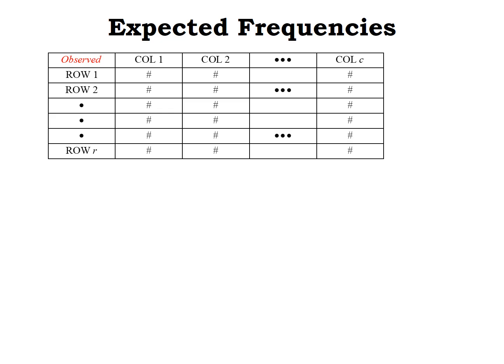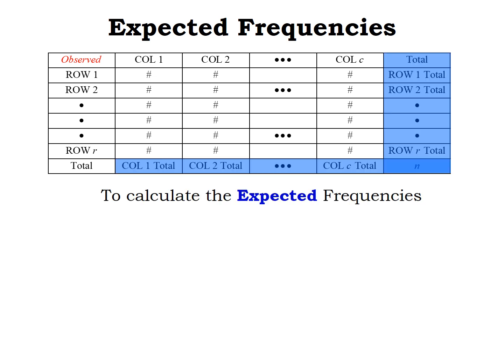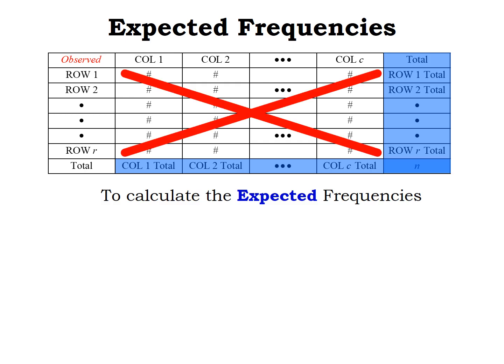In calculating our expected frequencies, we need to know the row and column totals for each of the different options within the two variables. So we'll add all those up first. Now, to calculate the expected frequencies, we need to take these row and column totals, and not the breakdown within the subcategories, but just how many total blue vehicles, how many total red, how many total trucks, how many total cars.